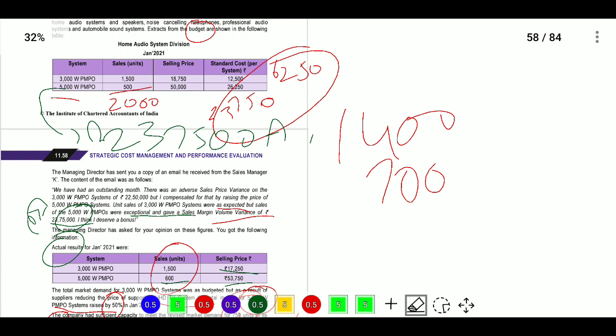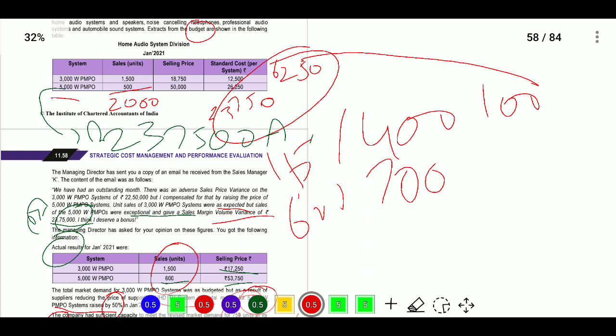From this we have 1500 minus 1400, so we get 100 into 6250. And here we get 700, and 600 minus 700 gives negative 100, into the amount 23,750. So 23,750 into 100, 23,75,000 will be the adverse case.